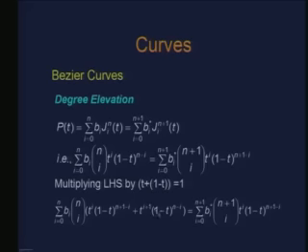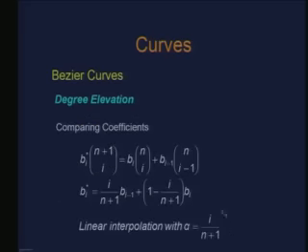And now I can equate coefficients of the two sides of say t to the I, 1 minus t to the n plus 1 minus I. So, if I compare the coefficients on the two sides of t to the I, 1 minus t to the n plus 1 minus I, this is what I get.